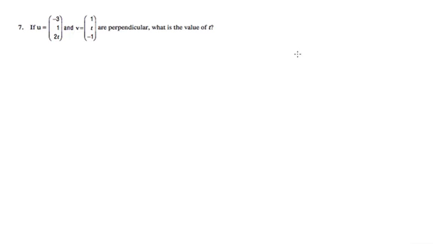We're asked to determine what the missing components are, but we're also told the two vectors are perpendicular. So a little bit of background. Take a couple of vectors, call them u and v, with an angle theta between them.